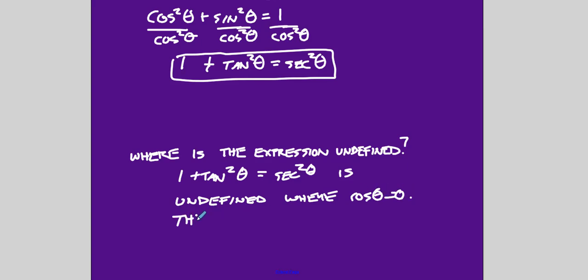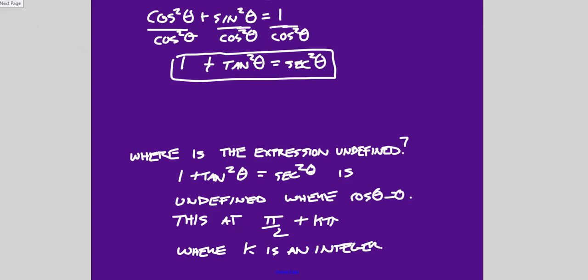This is at pi over 2 plus pi k, or k pi, where k is an integer, and integers are your positive, negative, whole numbers, remember.